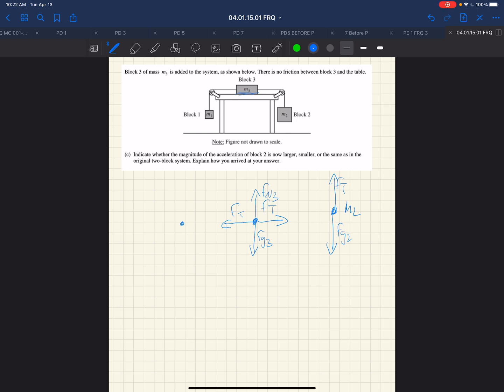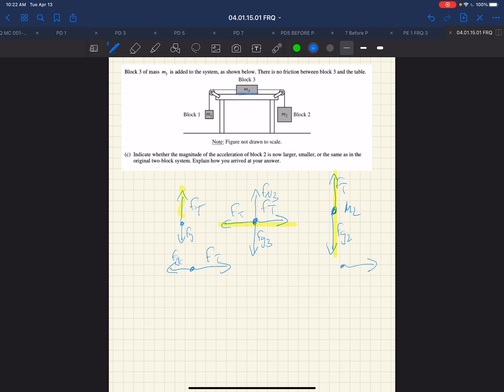And then we have block 1, which is FG1 and FT. I'm going to highlight those that matter because these two rotate. Rotating these forces so that they're aligned correctly, we get FT, FG1.